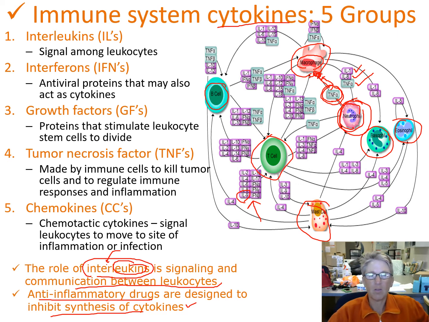So all of these are cytokines, 1 through 5. These are all cytokines. For our purposes, the cytokines are like the interleukins, and then there's specific interleukins and all these names here.